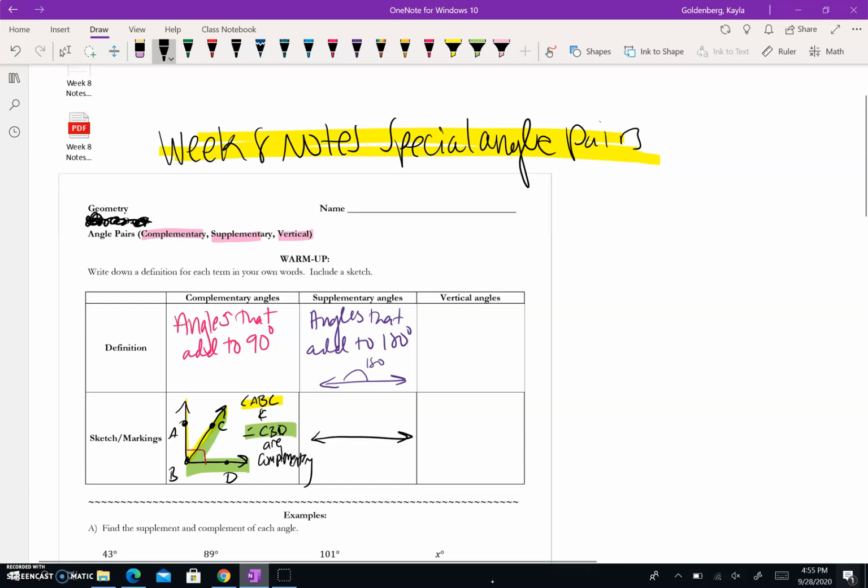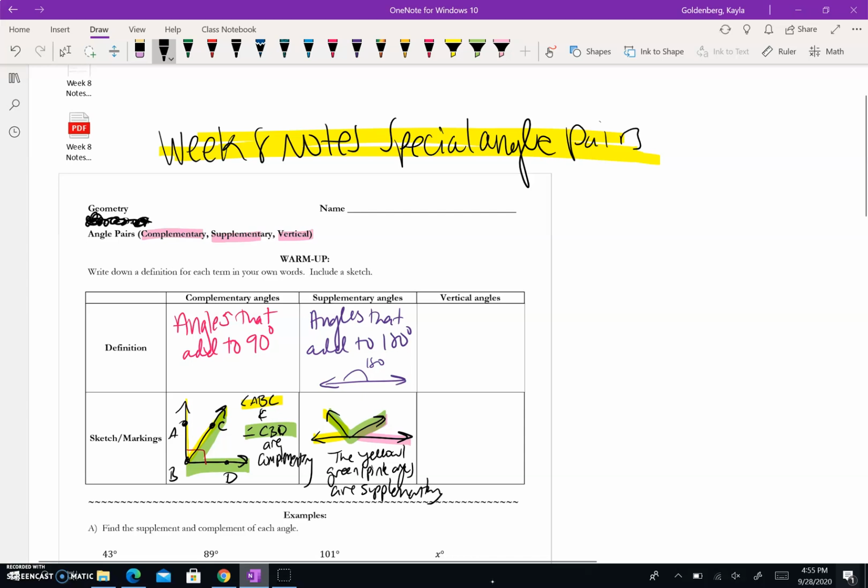If I draw out some different angles, I've got a yellow angle, a green angle, and a pink angle. I'm not using letters to name them. I'm just going to say the yellow, green, and pink angles are supplementary.